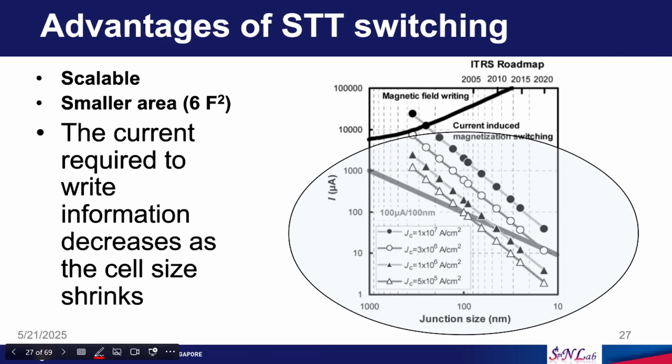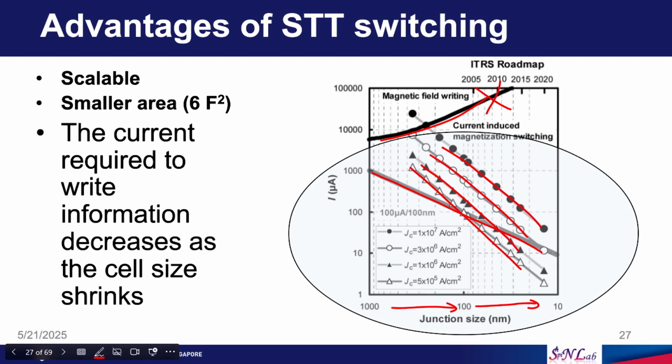These are some advantages of STT MRAM over the field based MRAM, but the most important advantage is in the scalability. I told you that when we reduce the transistor size or the MTJ size, if current increases, this is a problem we do not want. We want the current to be reduced as we go towards smaller sizes, which you see here. In the case of STT MRAM, the current that you need to write information goes down as you go towards smaller sizes.